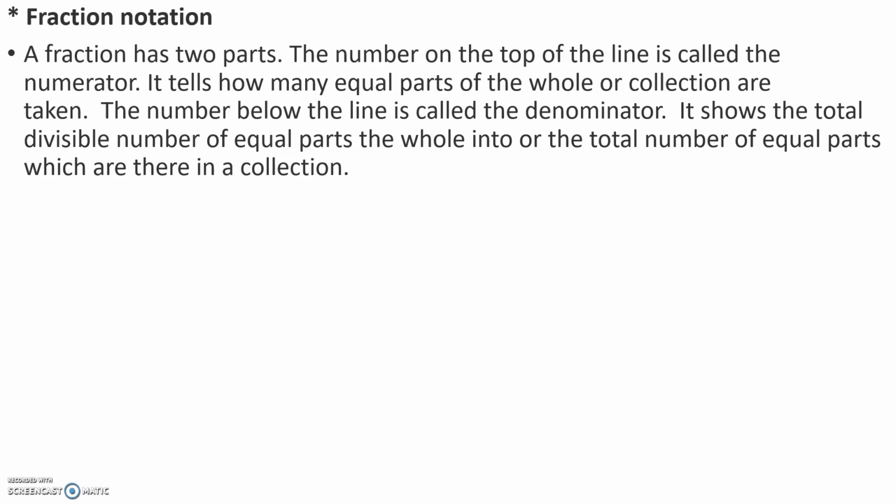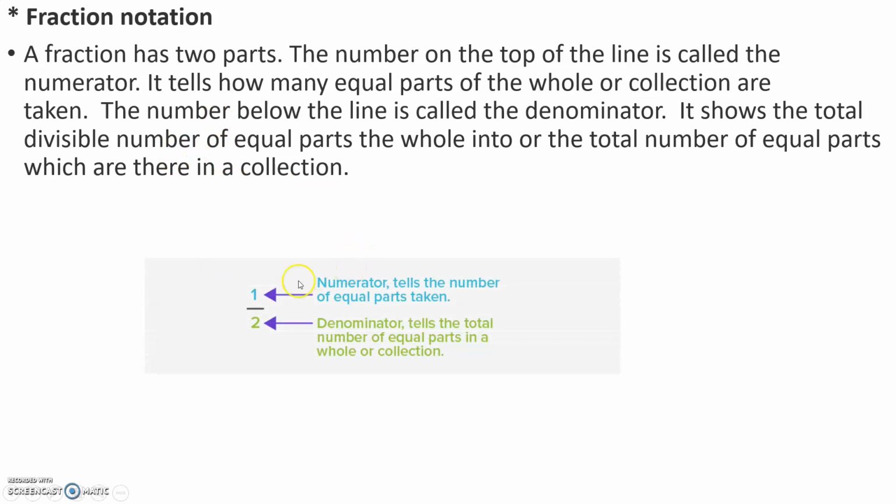It shows the total number of equal parts the whole is divided into, or the total number of equal parts which are there in a collection. See, this is the fraction, 1 upon 2. So this 1 is known as the numerator and this 2 is known as the denominator. So out of 2, one part is eaten.